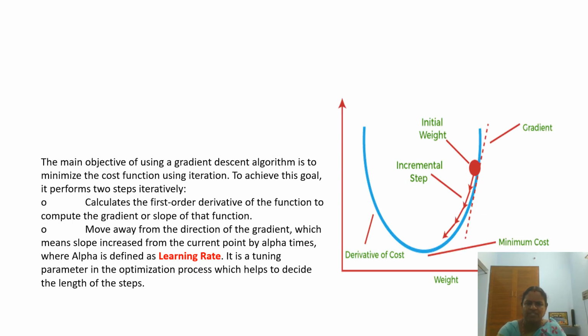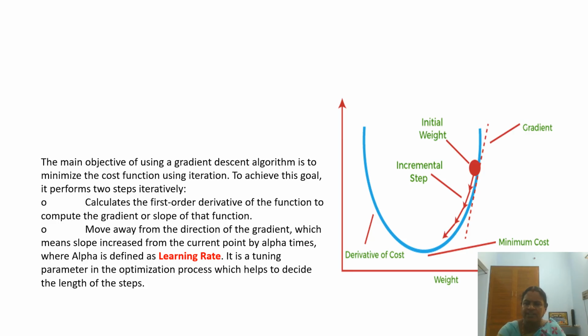So the main objective of using a gradient descent algorithm is to minimize the cost function using iteration. To achieve this goal, it performs two steps iteratively, as given in this diagram.